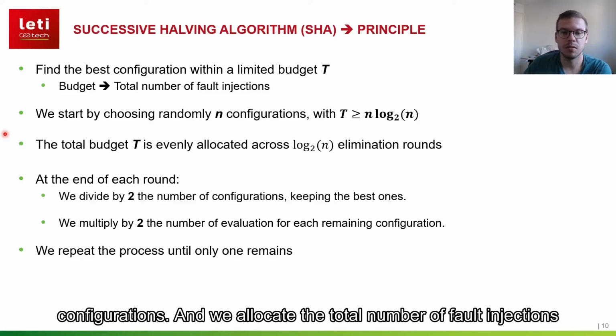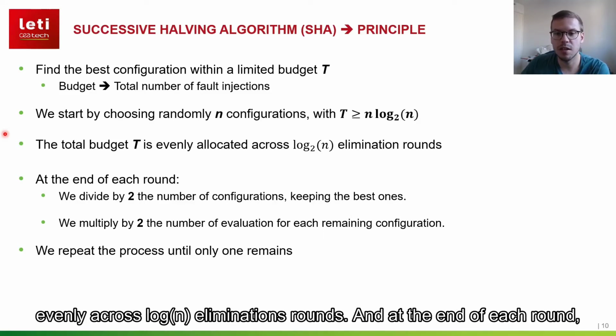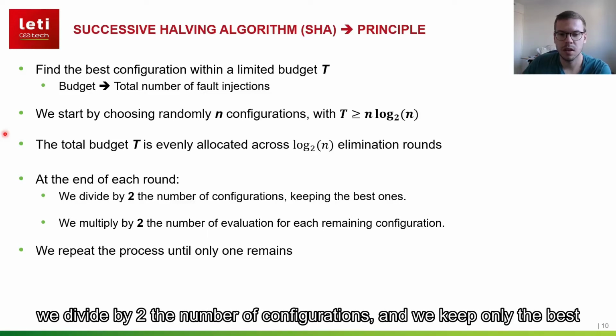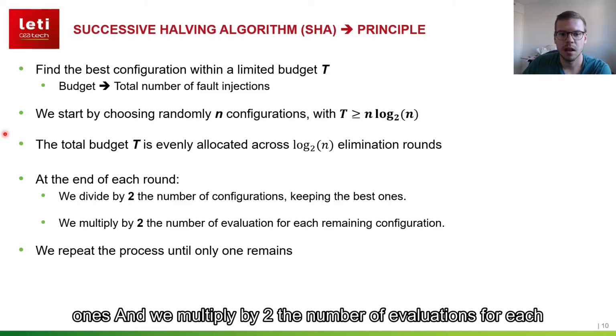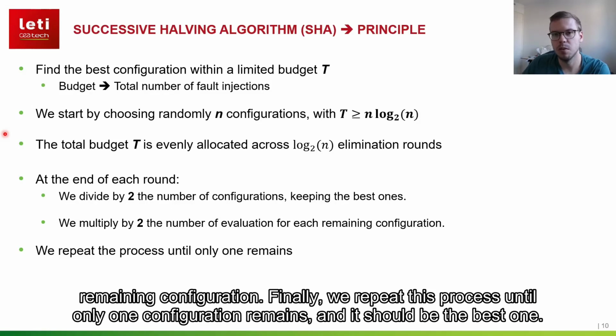We allocate the total number of fault injections evenly across log n elimination rounds, and at the end of each round, we divide by 2 the number of configurations, and we keep only the best ones. And we multiply by 2 the number of evaluations for each remaining configuration. And finally, we repeat this process until one configuration remains, and it should be the best one.